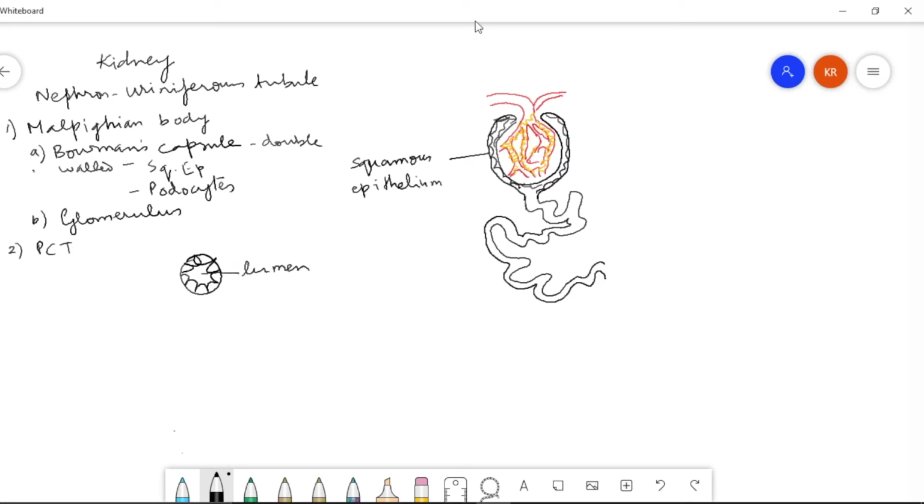These cells are columnar cells or columnar epithelium, and they have a lot of mitochondria, and they also have microvilli.